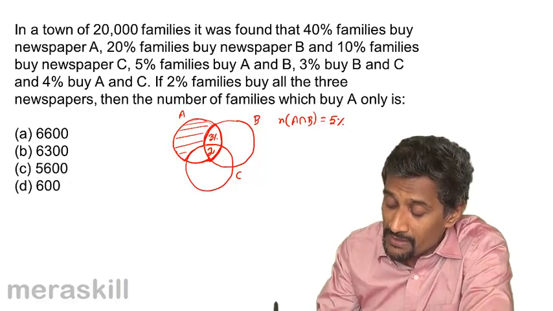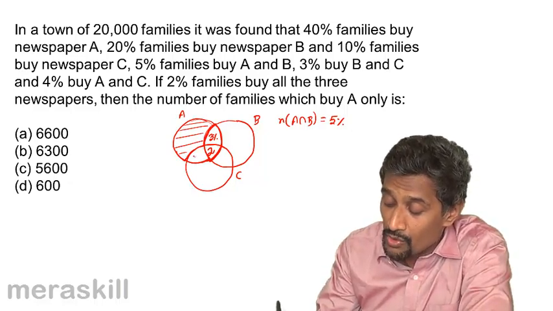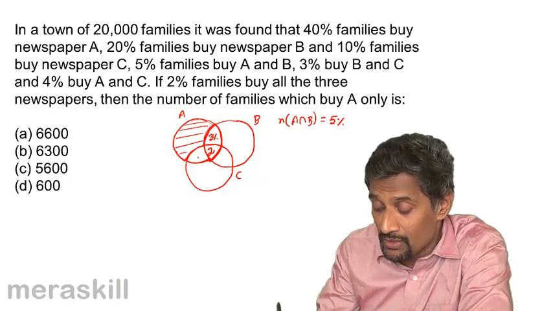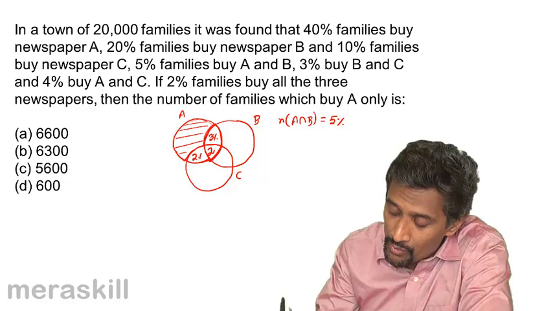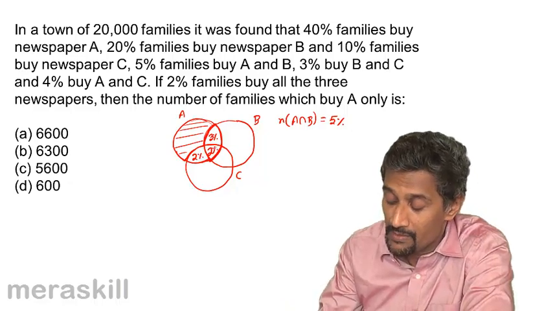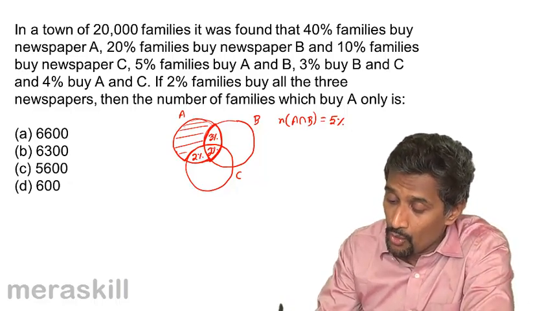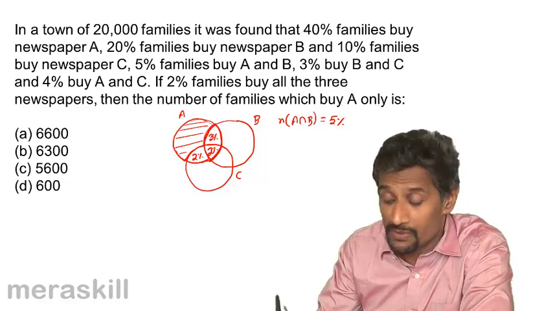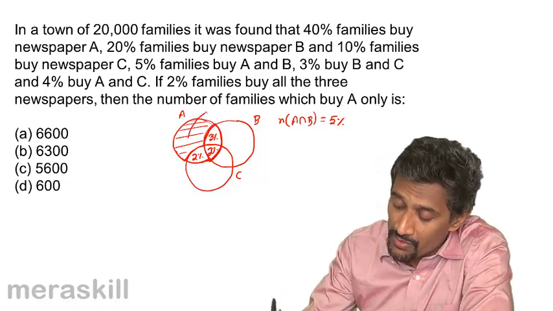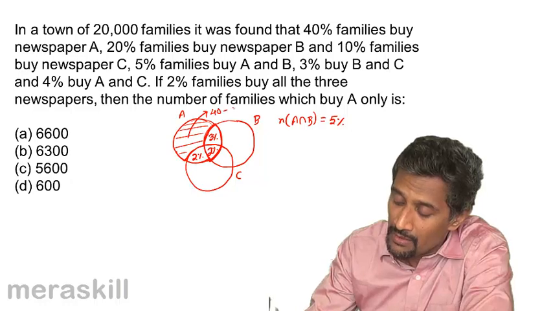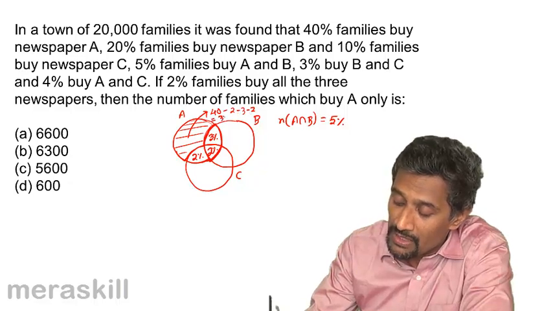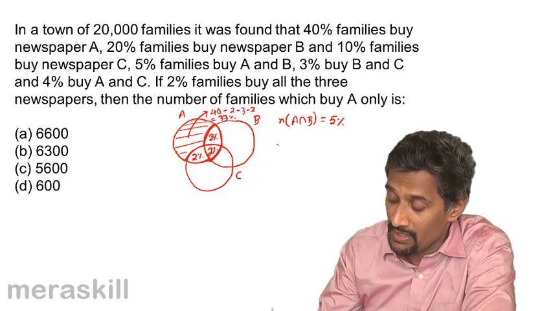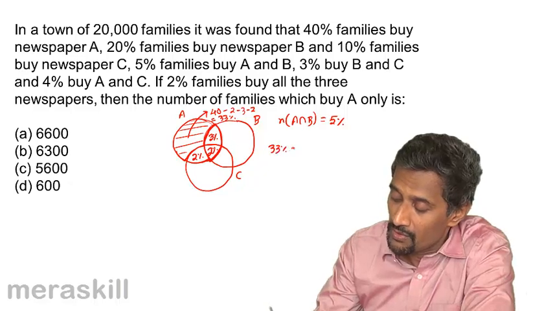Out of which 2% buy also B, so the ones who buy only A and C but not B is 4 minus 2, that is 2%. And A alone is 40%, so this much is 40 minus 2 minus 3 minus 2. That is 40 minus 7, 33% of families.